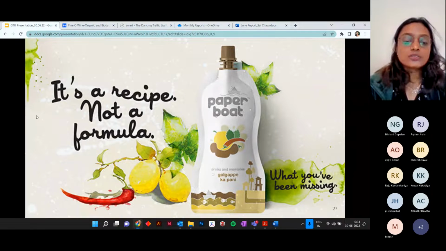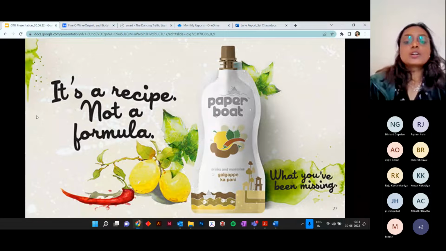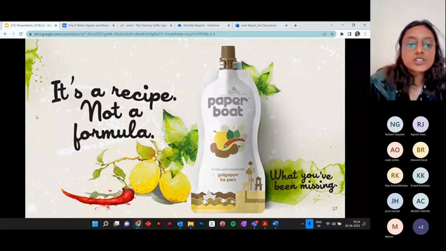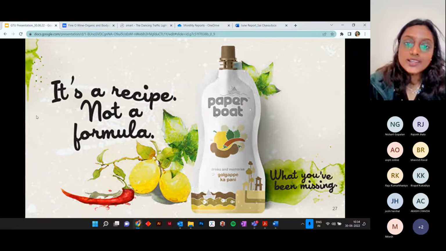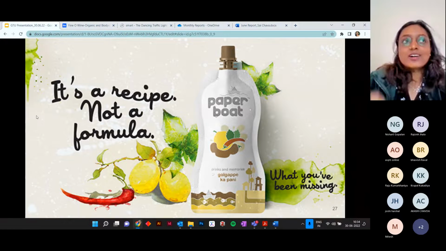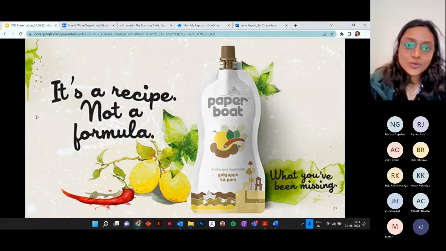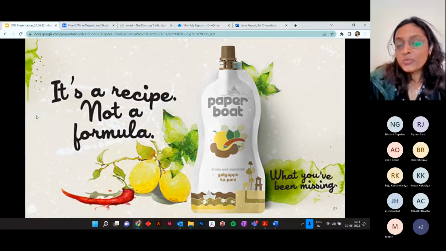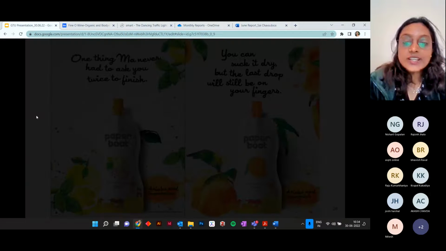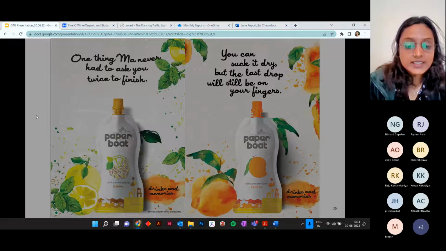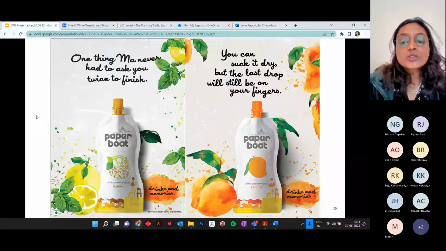So all of Paper Boat's campaigns very cleverly are based on inducing nostalgia. Their tagline is that it's a recipe, not a formula. You know how Coke is like a formula or Thums Up is like a formula. This is a recipe made of love. And the way they name their drinks, in fact, it's called Jaljeera and it's called Aamras, right?